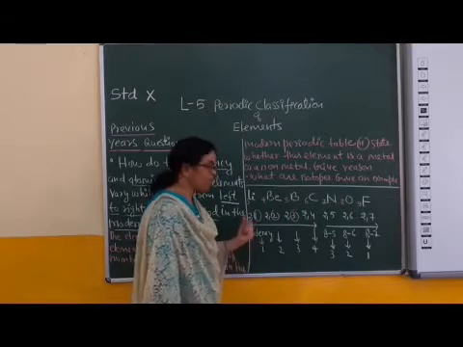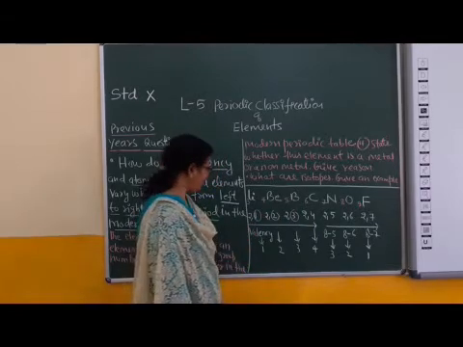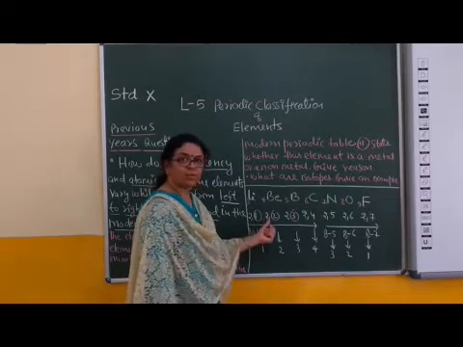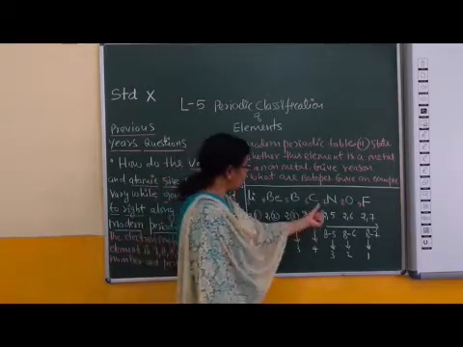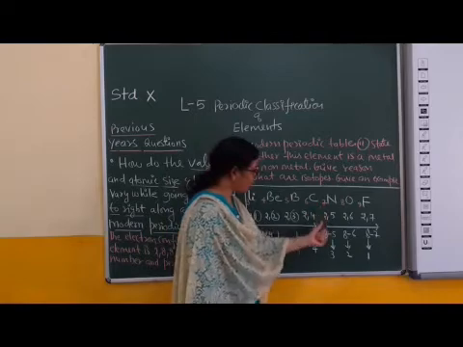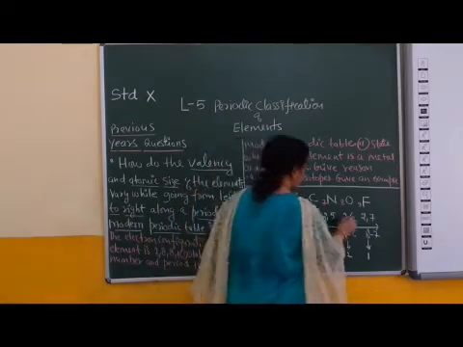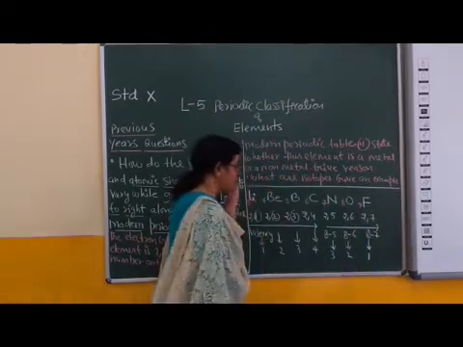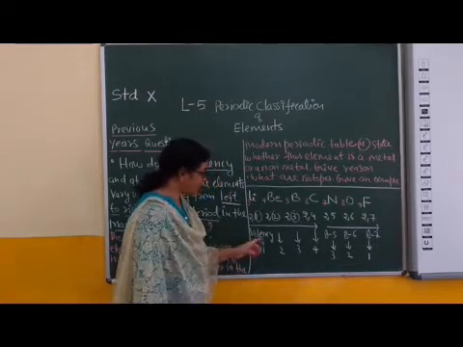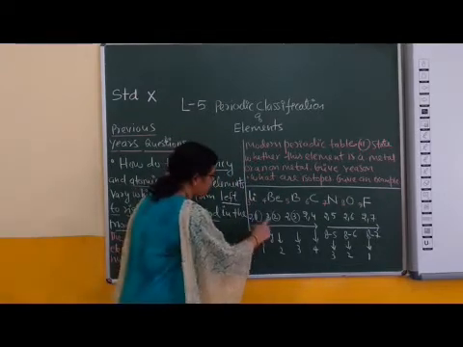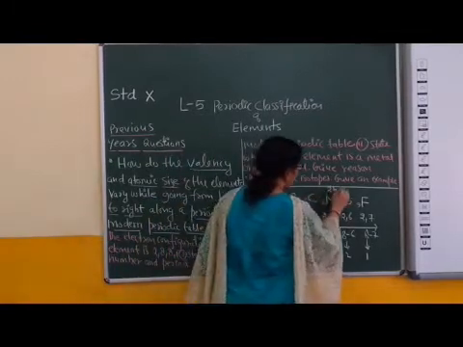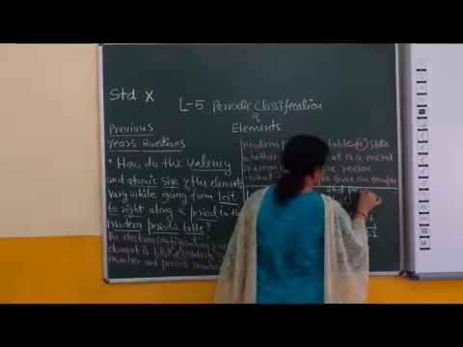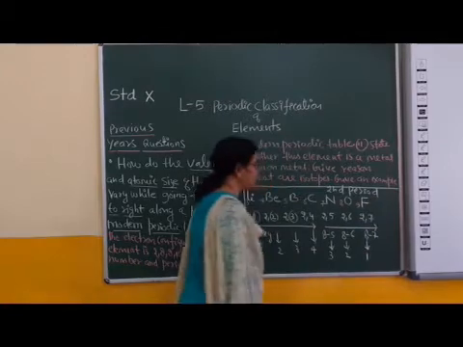The electron configuration of each element is 2,1; 2,2; 2,3; 2,4; then 2,5; 2,6; 2,7. How many orbits are present in each case? 2. All elements are present in which period? The second period.